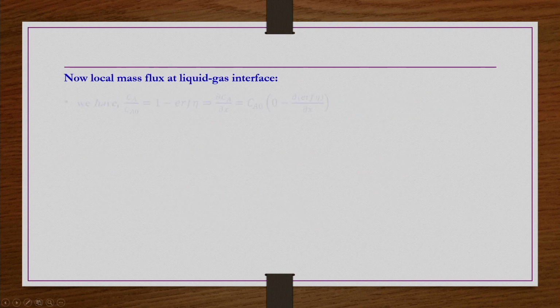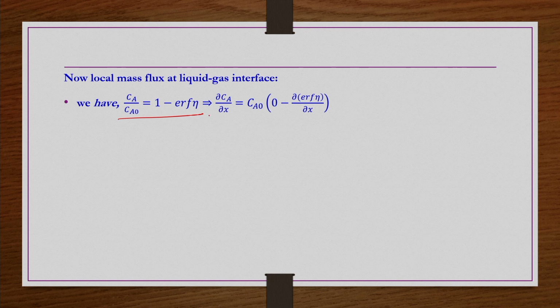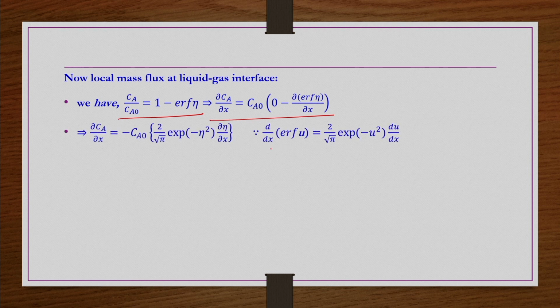If you want to know the flux, you have to find dou Ca by dou x. So, Ca by Ca naught is this one. So, dou Ca by dou x is nothing but this one, and from the definitions, d by dx of error function of u is equal to this one. If you apply that, you get for our case this one.